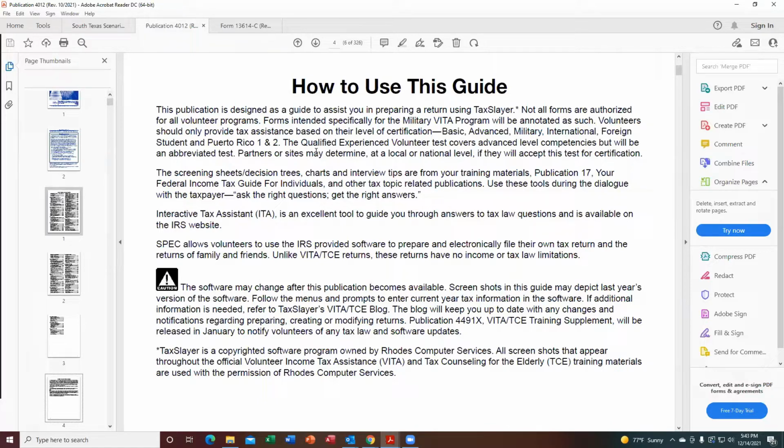Sometimes we have a doubt or a question as to how exactly we're supposed to populate a field in TaxSlayer, and your 4012 more than likely has a screenshot of that. So again, pay attention, that's one of the things this publication provides.